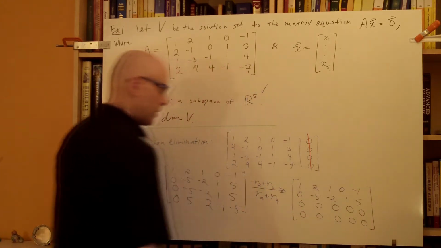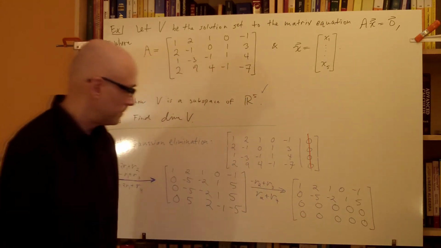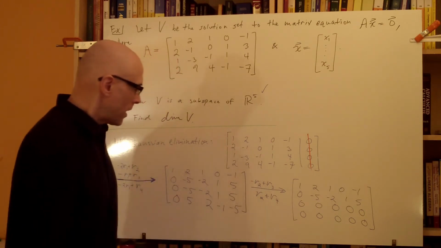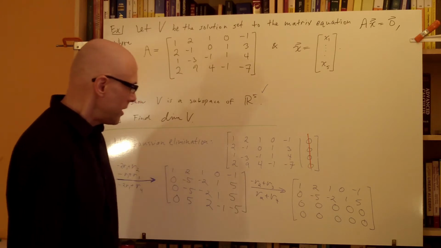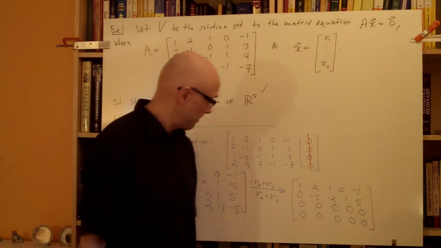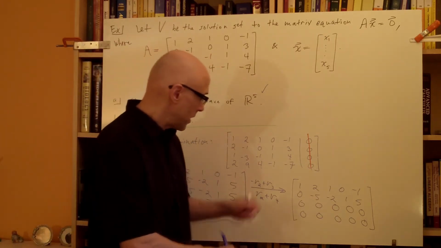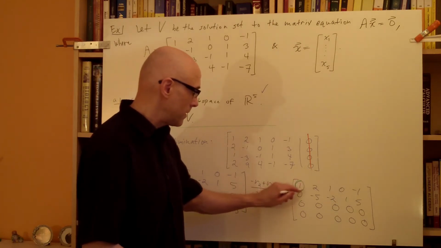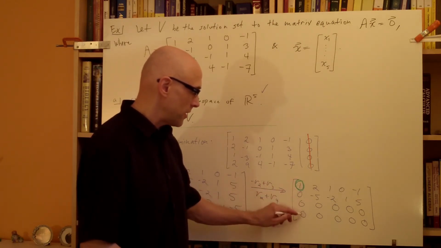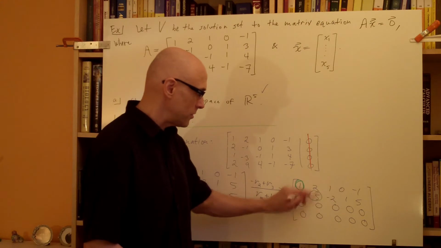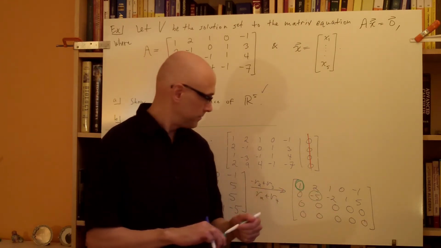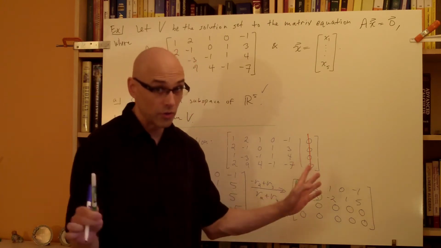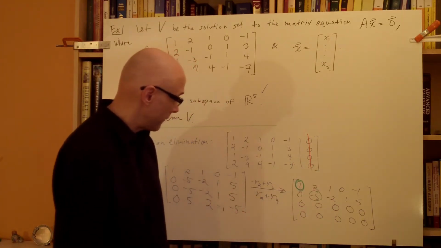Okay, so, are we there yet? Yeah, we have a row echelon form. The first non-zero entry of row 1 has nothing but zeros under it. The first non-zero entry of row 2 has nothing but zeros under it. And then after that, rows 3 and 4 are all zeros. So this is a row echelon form.